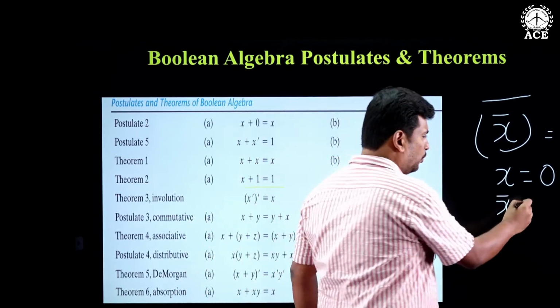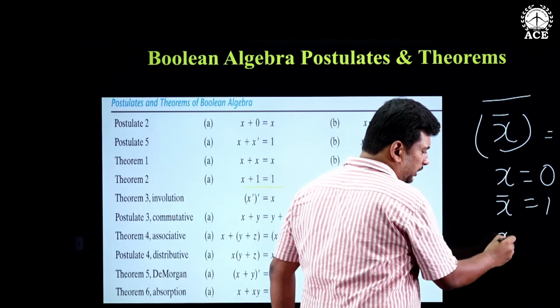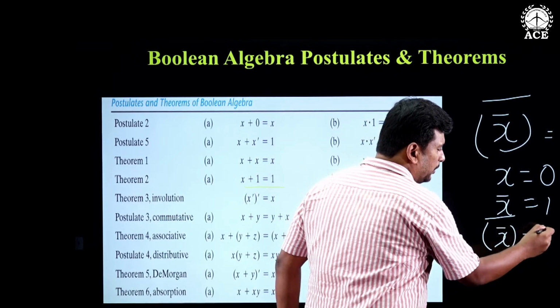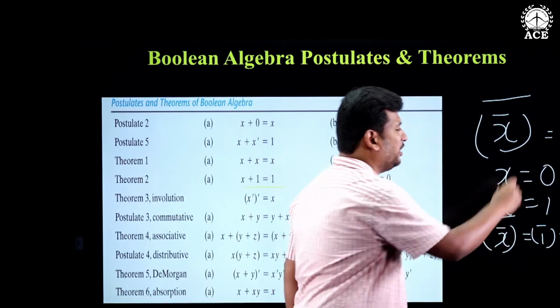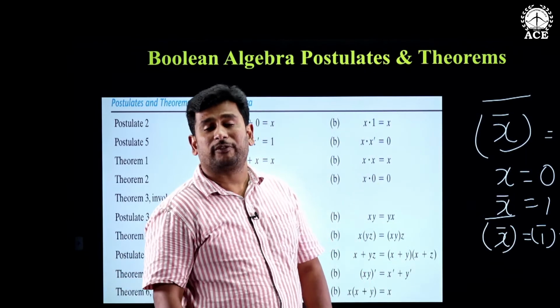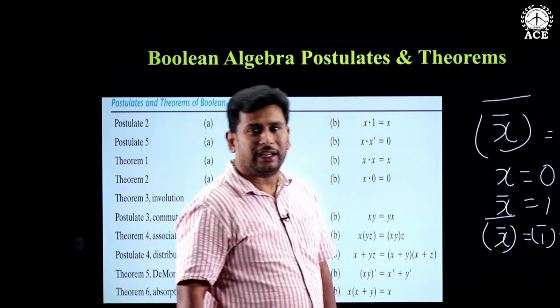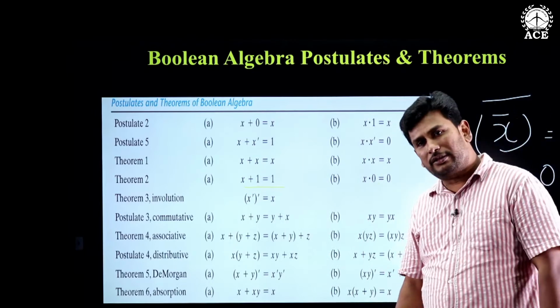It is equal to 1. Once again, if I take the complement of this, then 1 complement is equal to 0, which is the same as x. So what can we prove now? That x complement whole complement is equal to x, and this theorem is called your involution theorem.